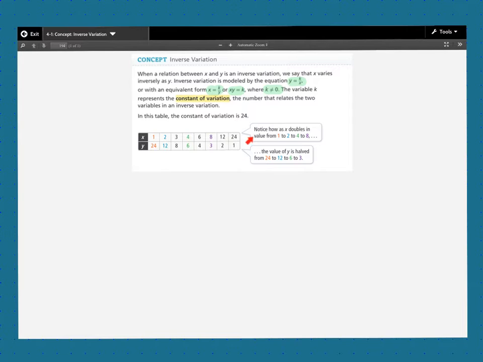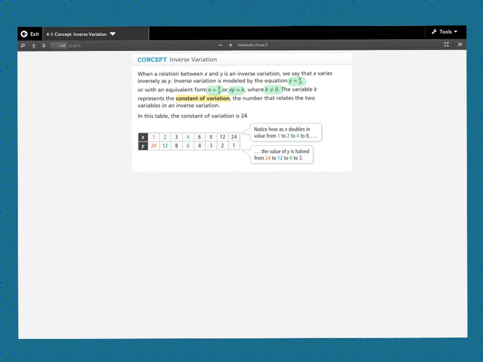It says that as x doubles from 1 to 2, from 2 to 4, from 4 to 8, right? As it doubles, look at the y value. X is 1, y is 24. Then x doubles, y gets halved. It doubles again, it gets halved again. It doubles again, it gets halved again.